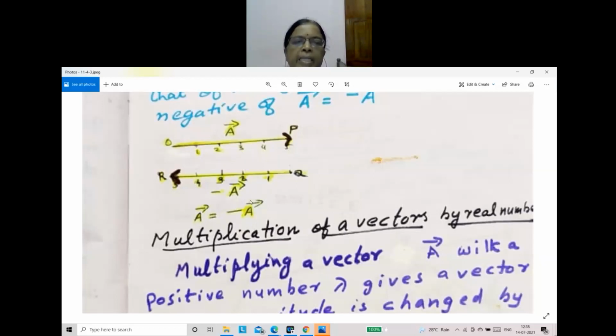This is minus A vector. Vector A's direction is this, and minus vector A will be opposite to this. So we cannot write vector A is equal to this vector. We can write it equal to minus of this vector. Direction is opposite, but magnitude is the same.